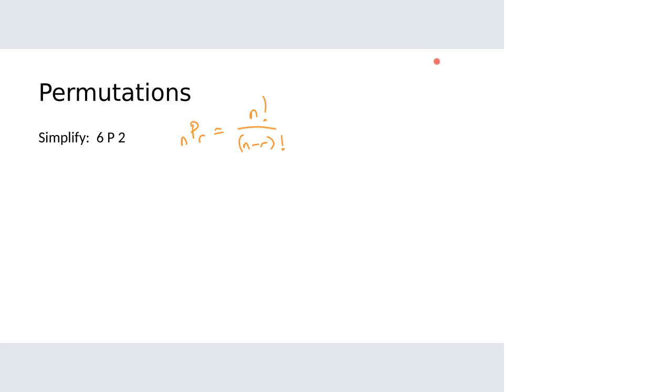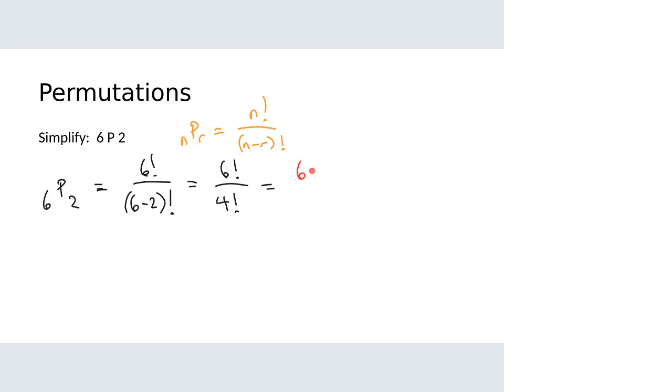And here we have 6P2, permutation of 6 things taken 2 at a time. We'll have 6 factorial on top, 6 minus 2 factorial on the bottom. So that'll be 6 factorial over 4 factorial. I know I've got that 4 factorial on the bottom, so when I rewrite this, I'm keeping that in the back of my mind.